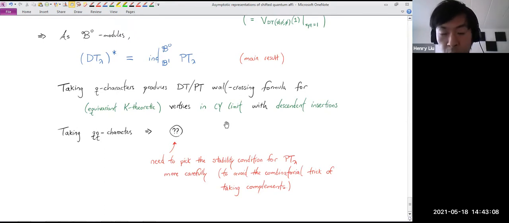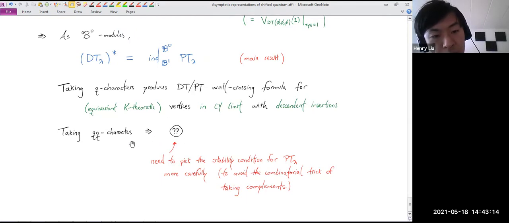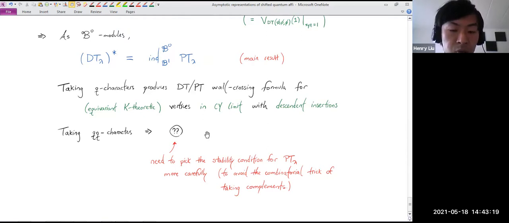QQ characters allow us to go outside the Calabi-Yau limit. But then if we try to take QQ characters of this relation, of course, we run into the problem that the QQ character of the PT module is not the PT vertex. And so we won't get a true DT-PT wall crossing formula in the sense that we expect it.